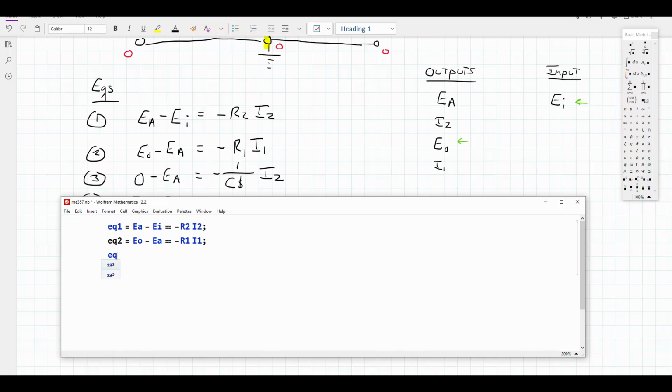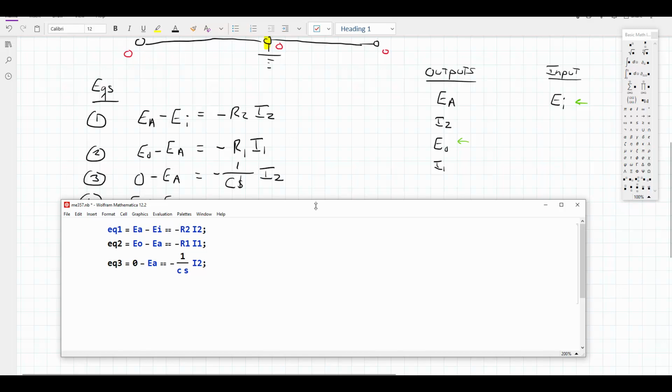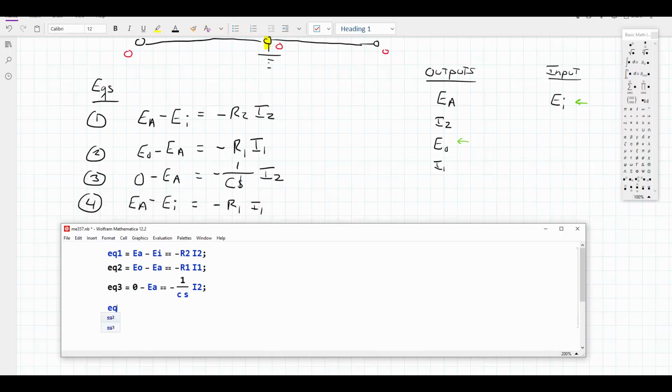Third equation is 0 minus EA, which would also just be negative EA, but I'll just type the whole thing in, minus, and I have negative 1 over, I'll put a lowercase c here, times S times I2. And the fourth equation is EA minus EI is negative R1 I1.